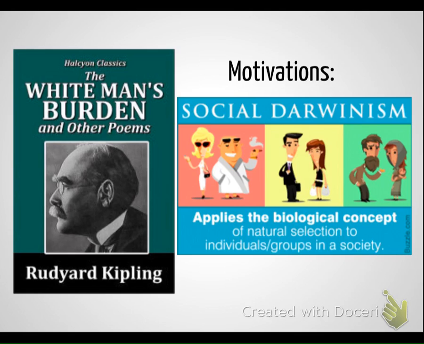Basically, they're applying the biological concepts of natural selection to a more sociological idea, and how essentially there's natural selection and there's better groups in the world than others. Both very terrible things and inaccurate, but this is how we have Europeans that essentially dominate the planet at this time through their imperialistic adventures.